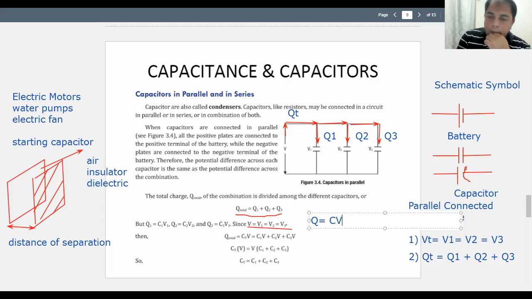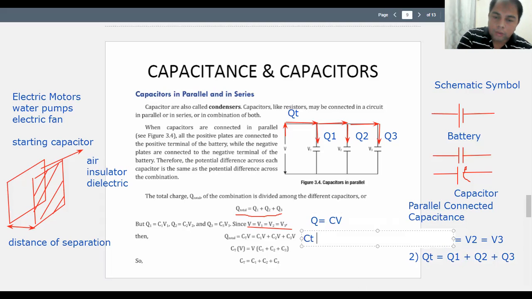Then if Q sub T is equal to some total capacitance multiplied by total voltage, so if Q sub T is equal to C sub T times V sub T, and if Q1 is equal to C sub 1 times V sub 1, plus C sub 2 V sub 2, plus C sub 3 V sub 3.